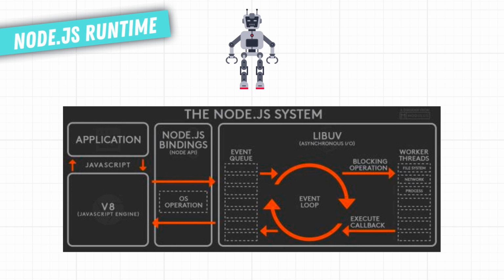But in Node, we can pretty much do most of the things in the background. We can access file systems. We can do all sorts of things. You see, Node.js uses the Google V8 engine to understand JavaScript, but it uses the libuv library, which works together to create this event loop to extend what we can do in the background.